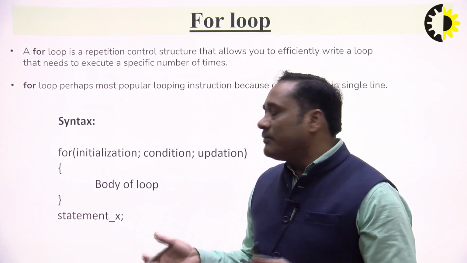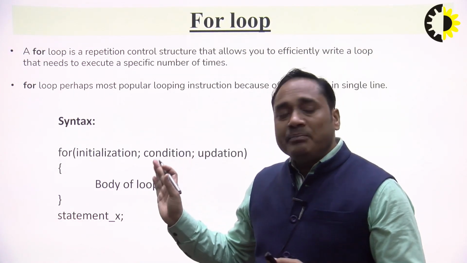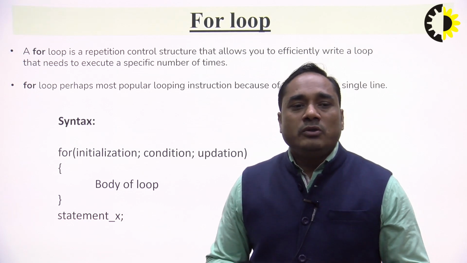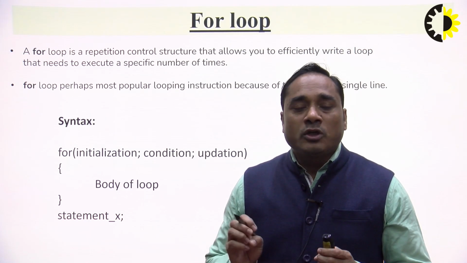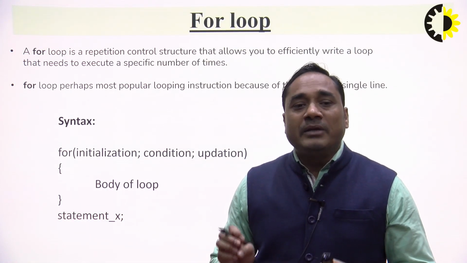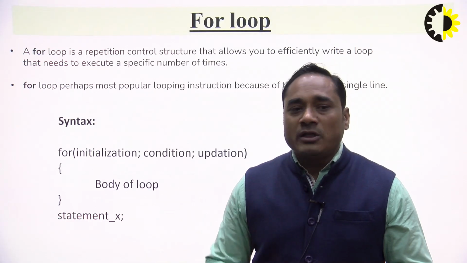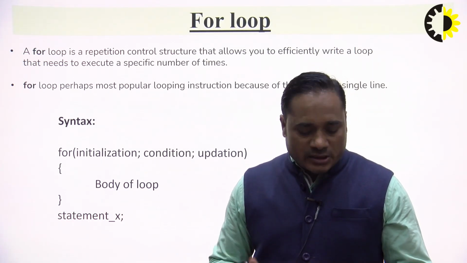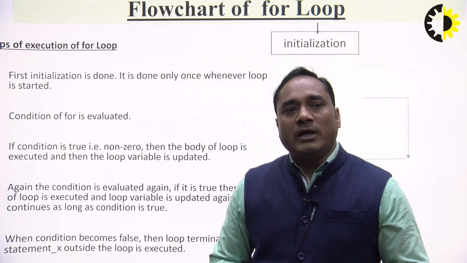At the beginning of the for loop, you initialize the value, we put the condition, we update the value in the form of an increment, and we declare the body of the loop, and we get the result. So the for loop is different from the while loop and the do while loop.